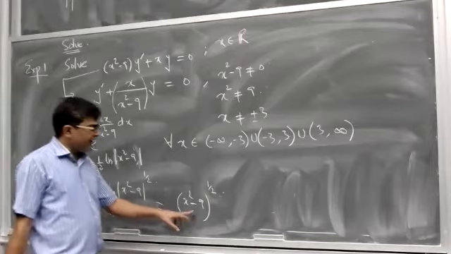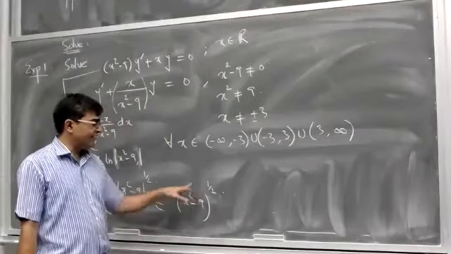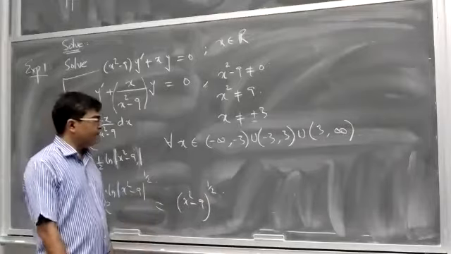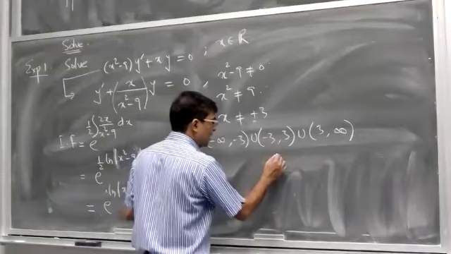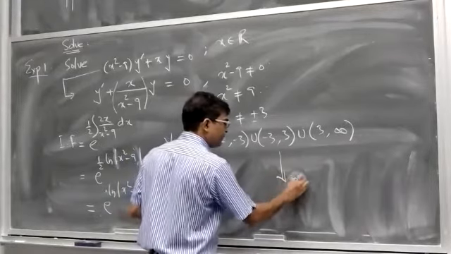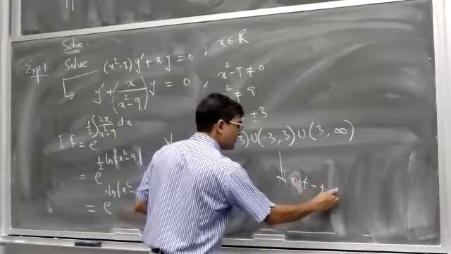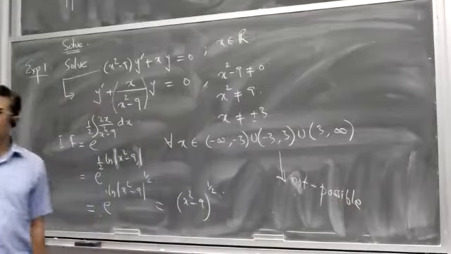Now you can see here that you have x square minus 9 square root. What does it mean? It means that x is not possible within this interval. Why? X cannot belong to this interval. Why?